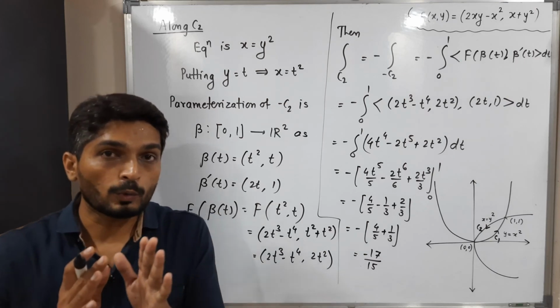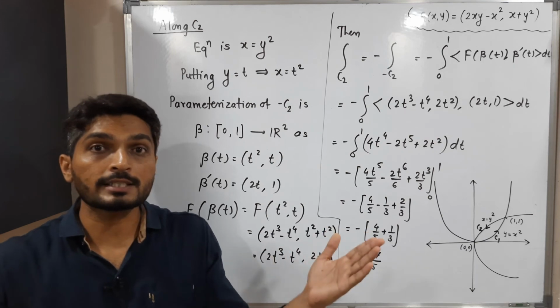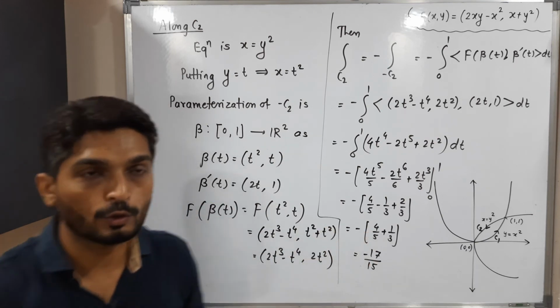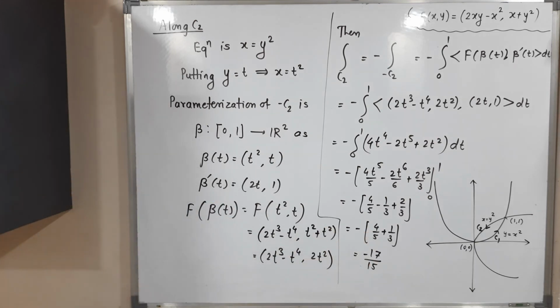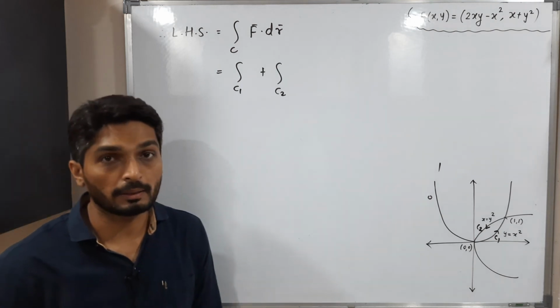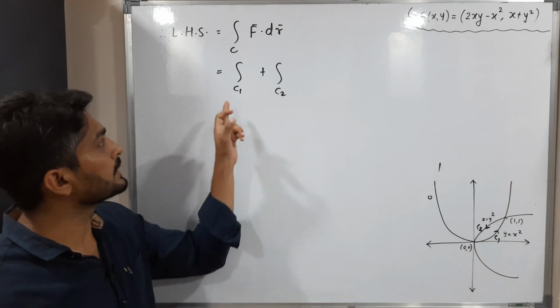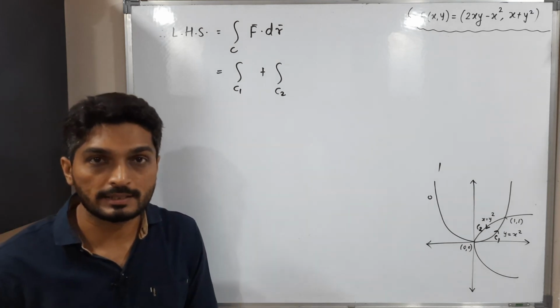The value of the line integral over C1 we have got, over C2 also we have calculated. So let us add them, and we'll have the value of the line integral over C. Then the value of the left hand side, which is nothing but integration over C of F bar dot dr bar, is equal to line integration over C1 plus line integration over C2.